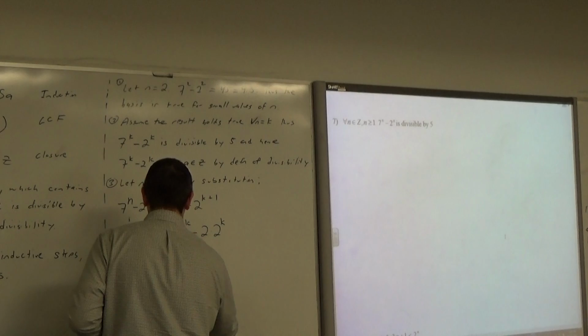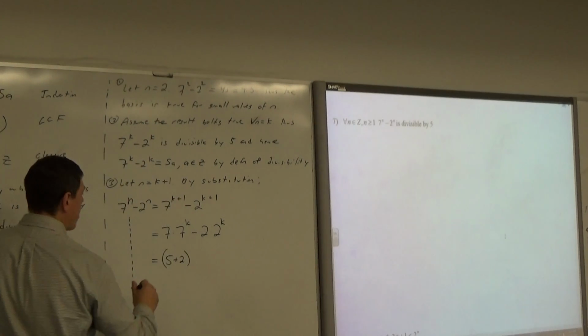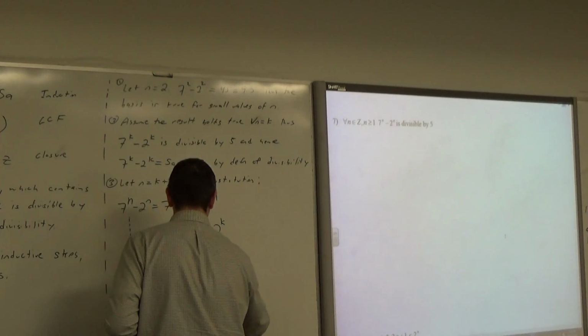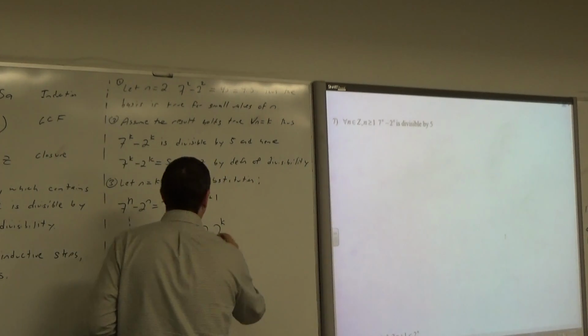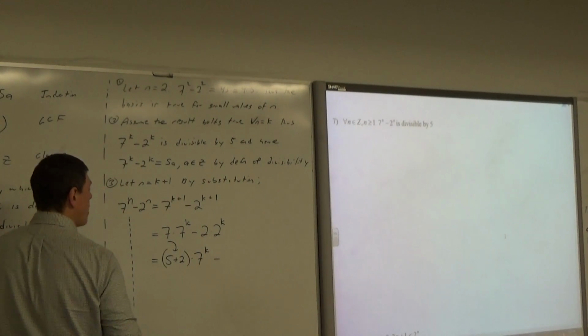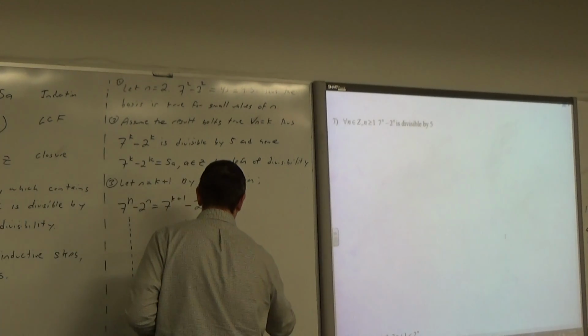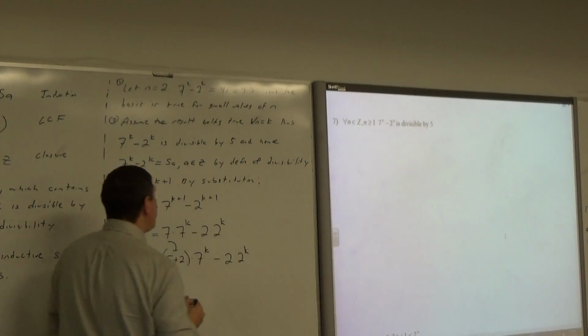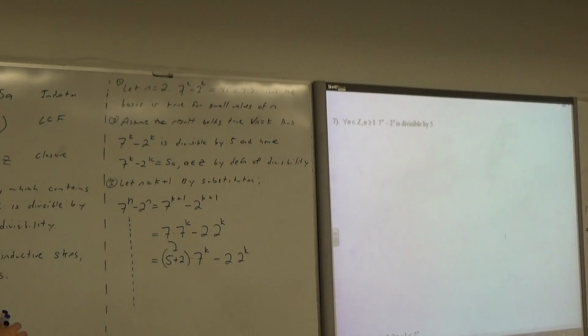But we do that sneaky trick where we can write 7 as 5 plus 2, times 7 to the k, and then we can leave the 2 times 2 to the k alone. I'm going to do it also the way that John suggested after we're done, because maybe some of you thought of the way that he did too. All right, then we can distribute the 7, right guys?